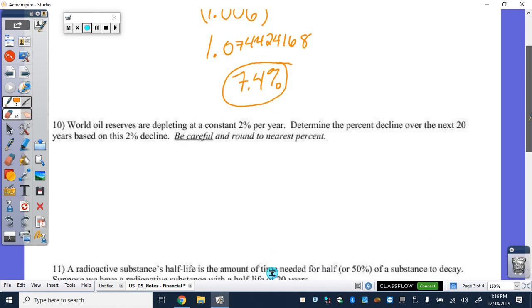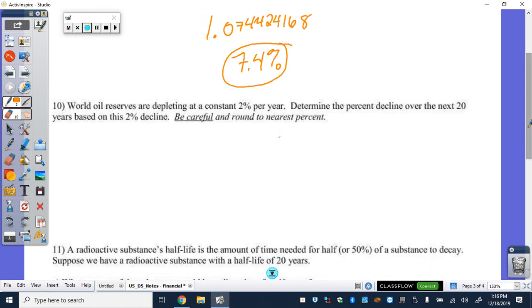Good. Number 10, world oil reserves are depleting at a constant 2% per year. Determine the percent decline over the next 20 years based on this 2% decline. Be careful, round your answer to the nearest percent. So if it's depleting by 2% each year, what would our B value actually be? 0.98.